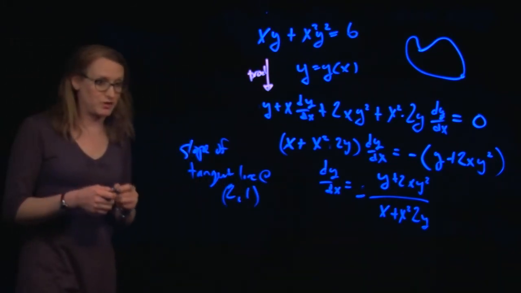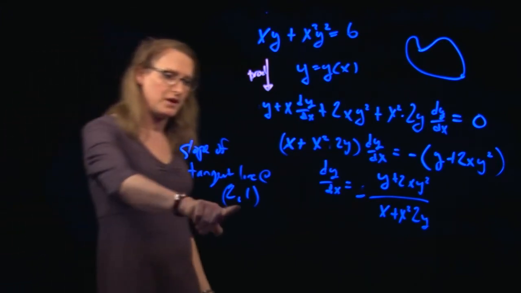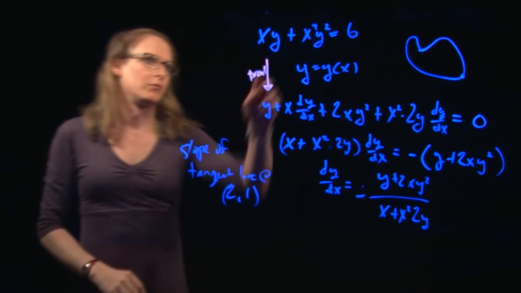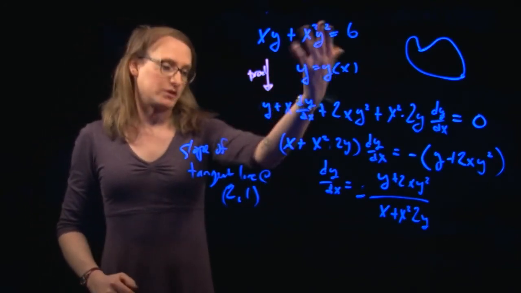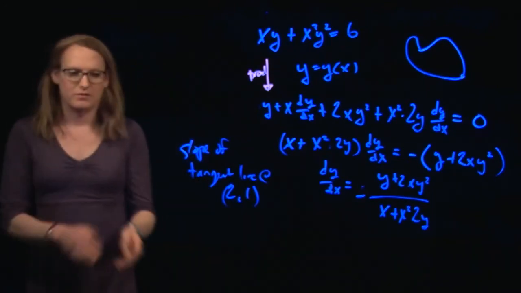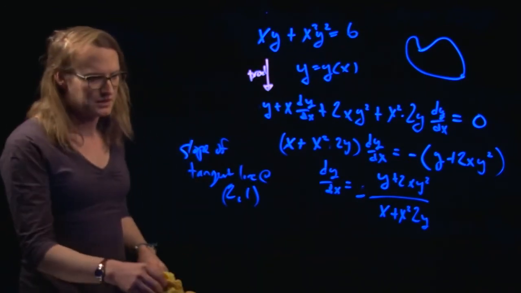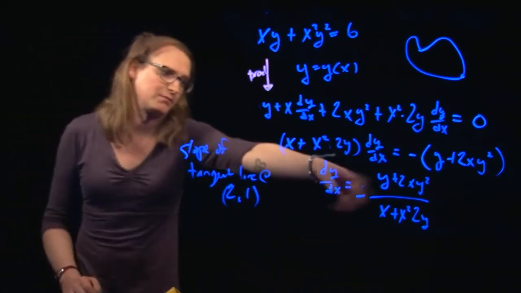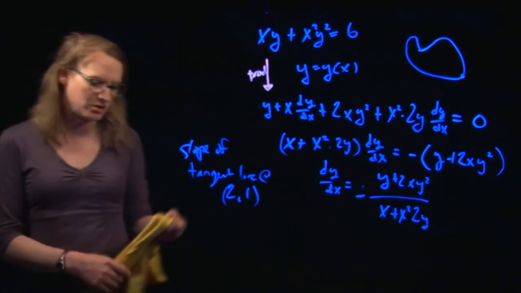First, let's check that this actually is on the curve. Feeding 2, 1 into this expression, 2 times 1 is 2, plus 4 times 1 is 4. 2 plus 4 is 6. Boom, it checks out. It's actually on the curve. That's awesome. I love it when that happens. If I'd been given a 2 here, it'd just be nonsense. We can still compute this value, but it's just not actually the slope of a tangent line.